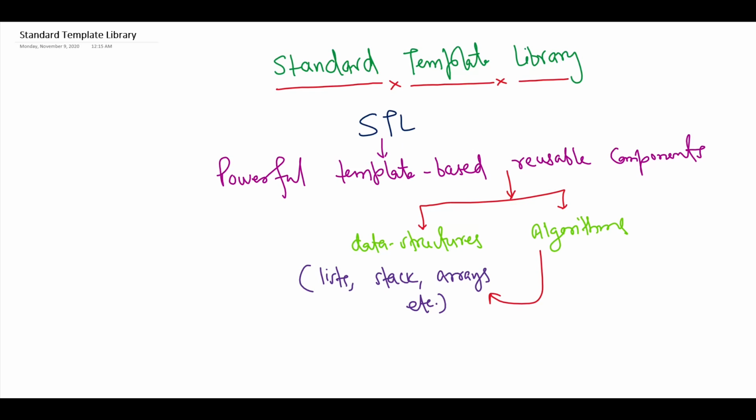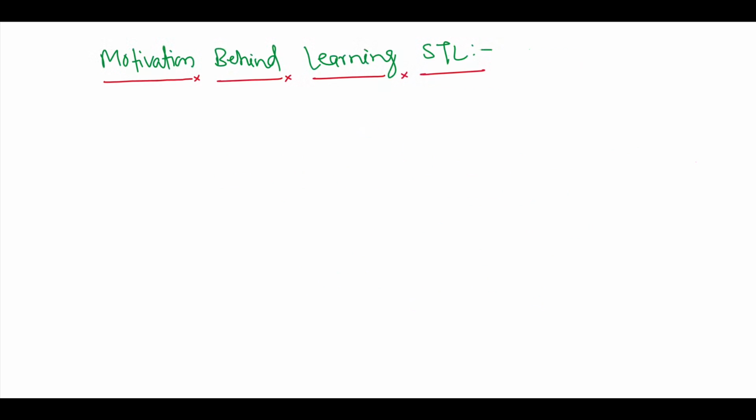Now let's discuss a bit of motivation. Why should you learn the standard template library or STL and where is this going to be useful for you? I am assuming that you are a student or someone who is learning the basics of C++ and wants to implement STL somewhere in your project.